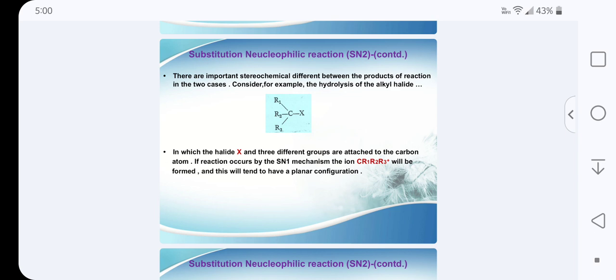Consider, for example, the hydrolysis of an alkyl halide in which the halide X and three different groups are attached to the carbon. If the reaction occurs by the SN1 mechanism, the ion C R1, R2, R3 will be formed, and this will tend to have a planar configuration.